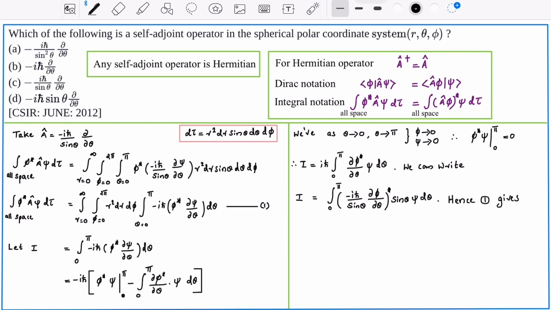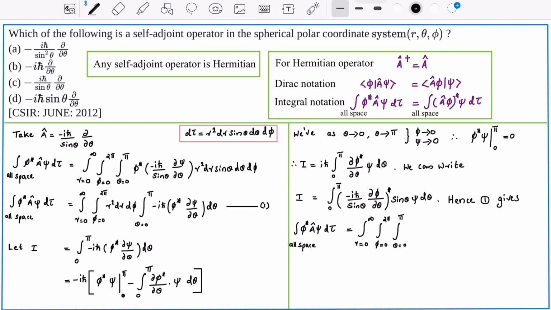Hence, our equation 1 gives the integral over all space phi star A psi d tau equal to the integral r equal to 0 to infinity, integral phi equal to 0 to 2 pi, integral theta equal to 0 to pi.